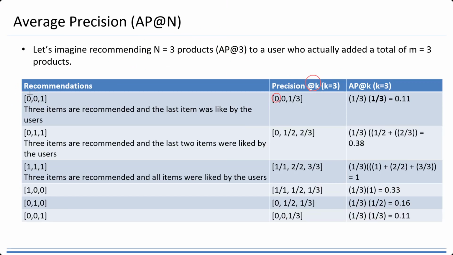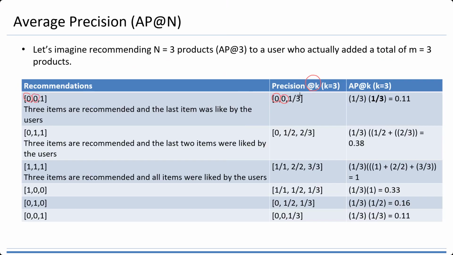It is 0, because we recommended the item, but the user did not like it.